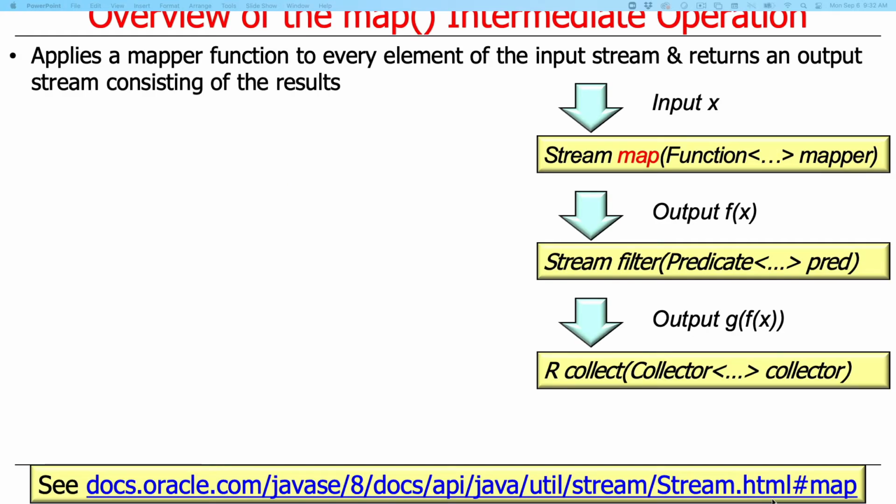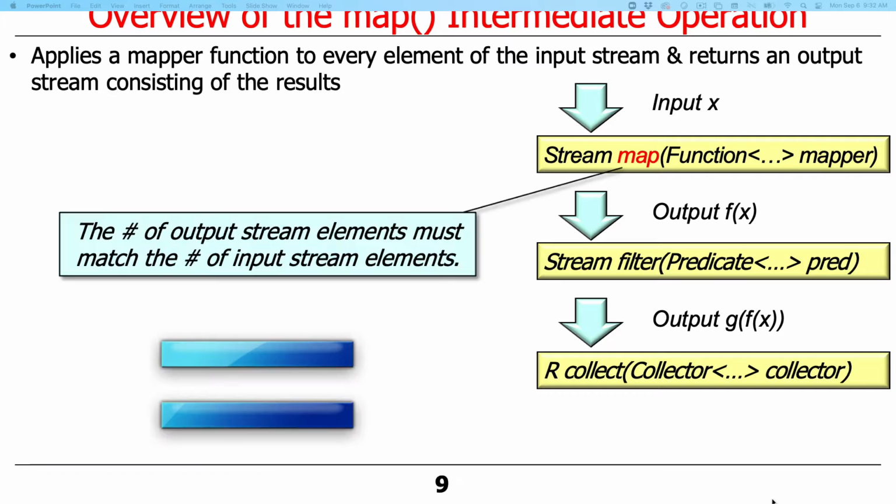So the way that map works is it is passed a behavior, which is a mapper function, and we'll see that in a second. This mapper function is applied to every element of the input stream, and it returns an output stream that consists of the results of that mapping.